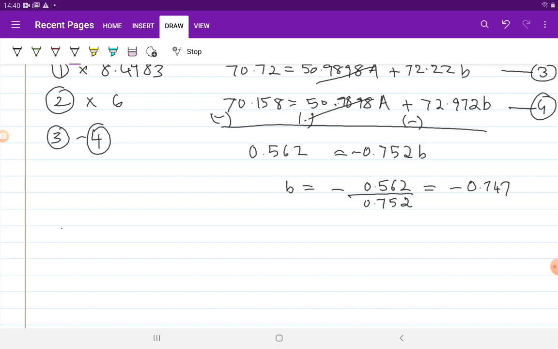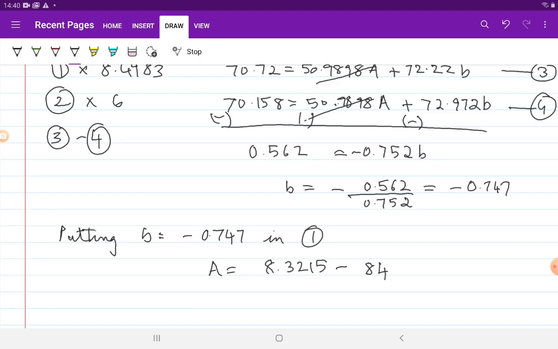So putting B equals to minus 0.747 in equation 1, we will get the value of capital A as (8.3215 minus (minus 0.747) times 8.4983), whole divided by 6.